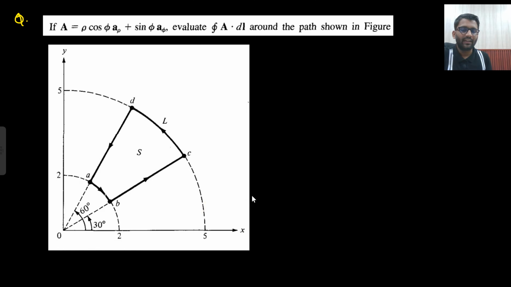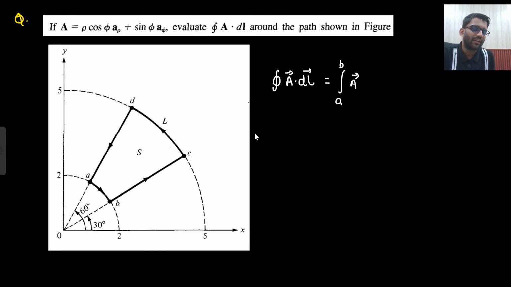So now we are solving a line integration problem. What we need to do is find A dot dl. A is also a vector and certainly dl is also a vector. So this we need to find. That will be from A to B. This is the closed line integration. If I break it into open lines, A to B is one of the open lines, plus here dl will be different.